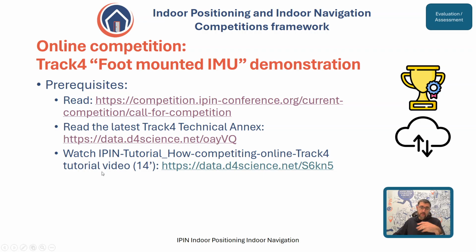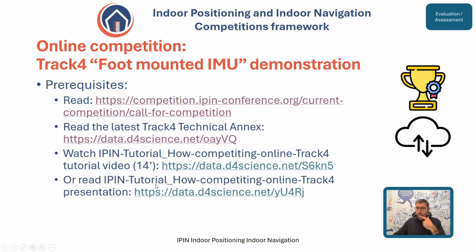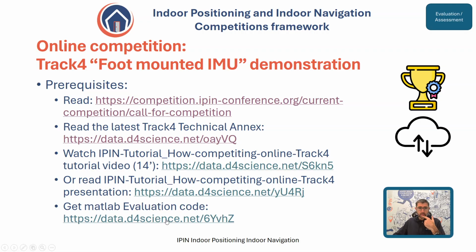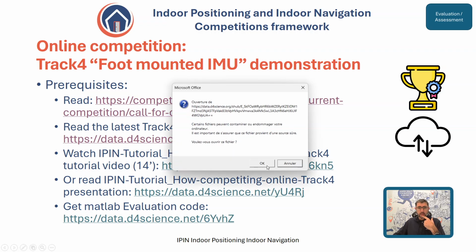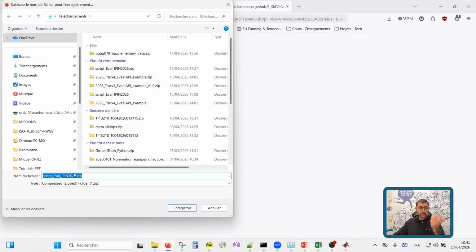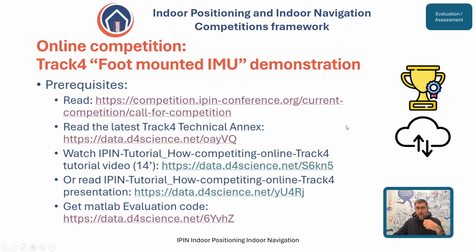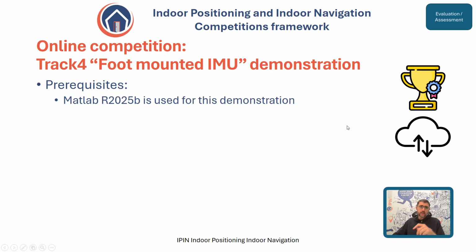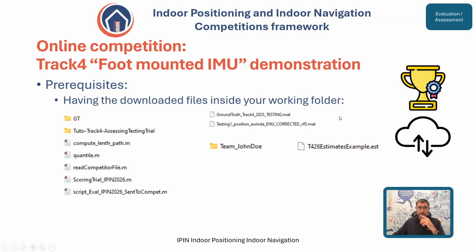You can watch the previous video or download the PowerPoint, and you will also have to download the evaluation code you can find at the following URL: script eval IPIN 2026. This video will run under MATLAB 2025. It can be adapted to other environments.